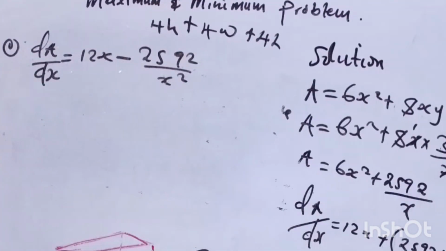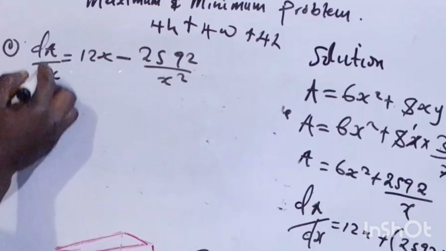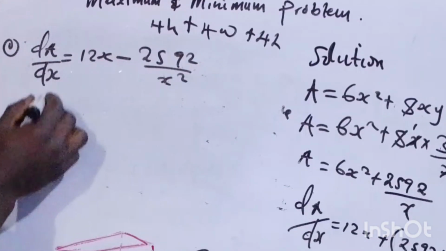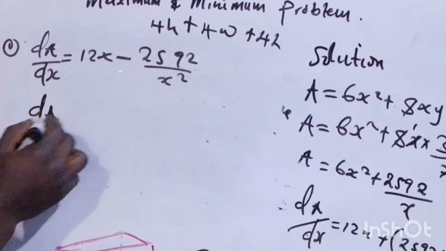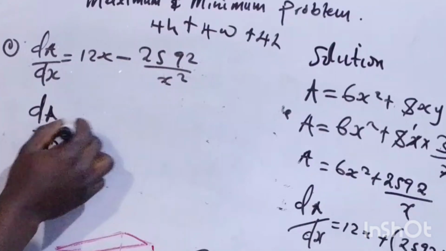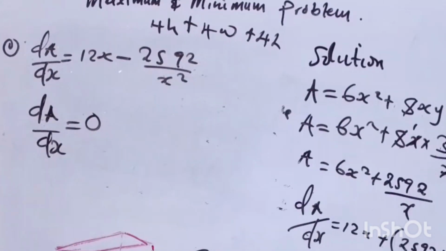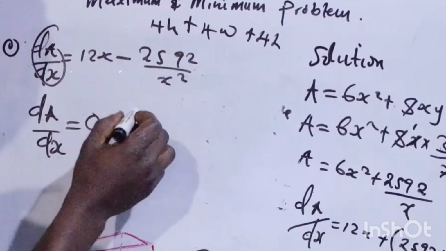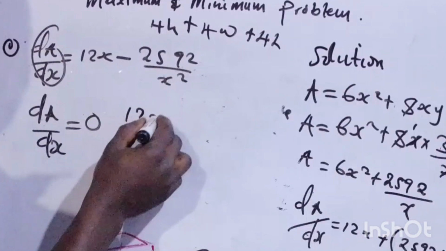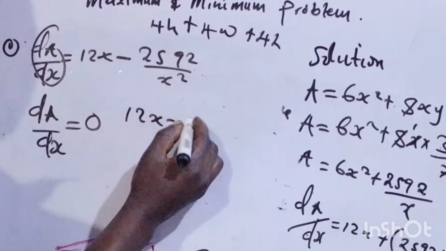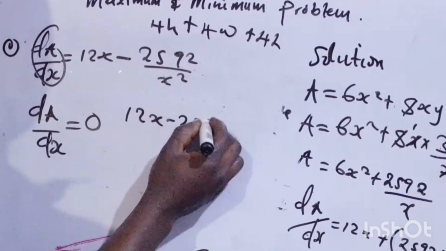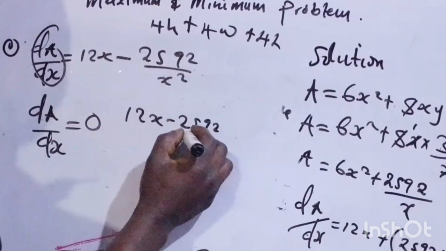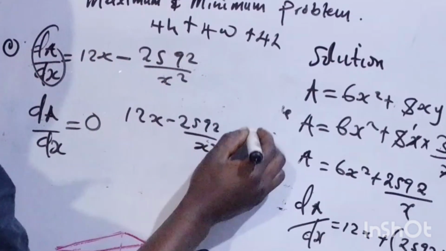So for us to find the value of x, you must equate dA over dx to be equals to 0. So we have to equate this dA over dx to be equals to 0. So the equation will be like this: 12x minus 2592 over x squared, which should be equals to 0.